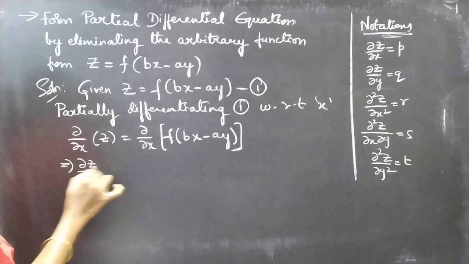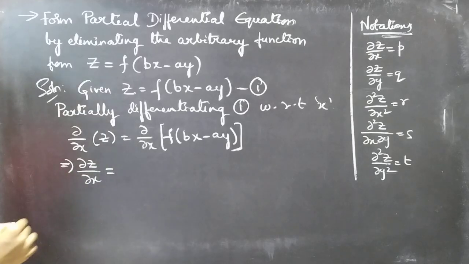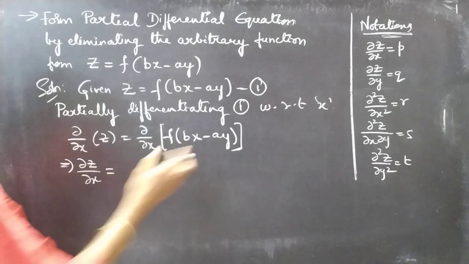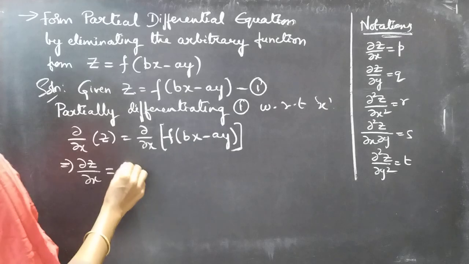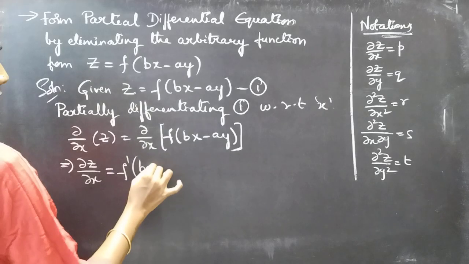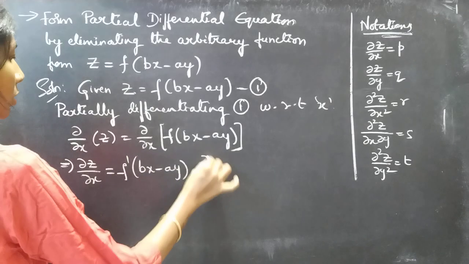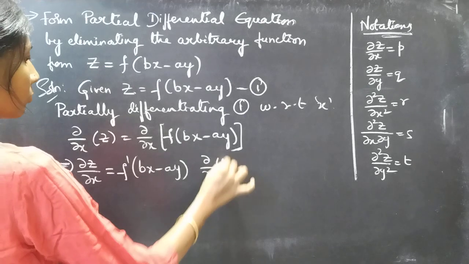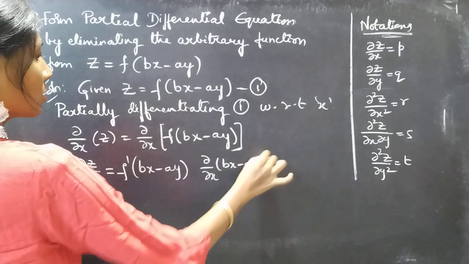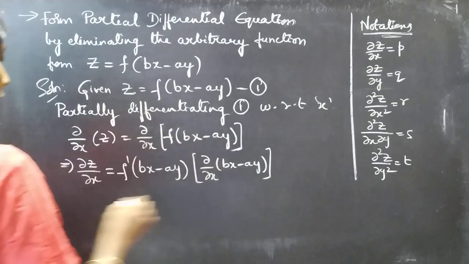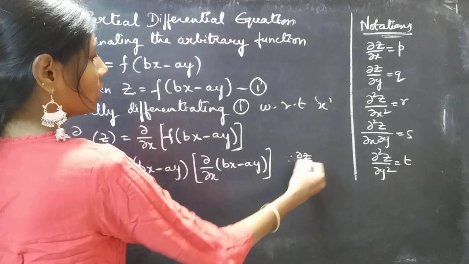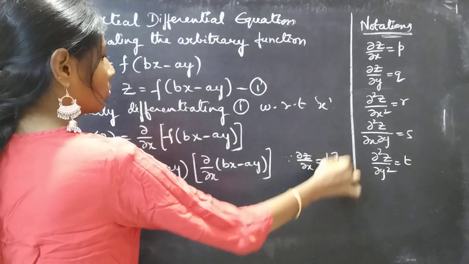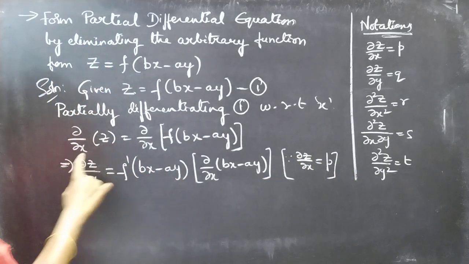This gives us dou z by dou x equal to, here we are partially differentiating with respect to x, so we'll treat y as constant. The partial derivative of f of bx minus ay with respect to x is f dash of bx minus ay into the inner derivative, that is dou by dou x of bx minus ay. Since we know the notation dou z by dou x equal to p, let's replace the LHS by p.